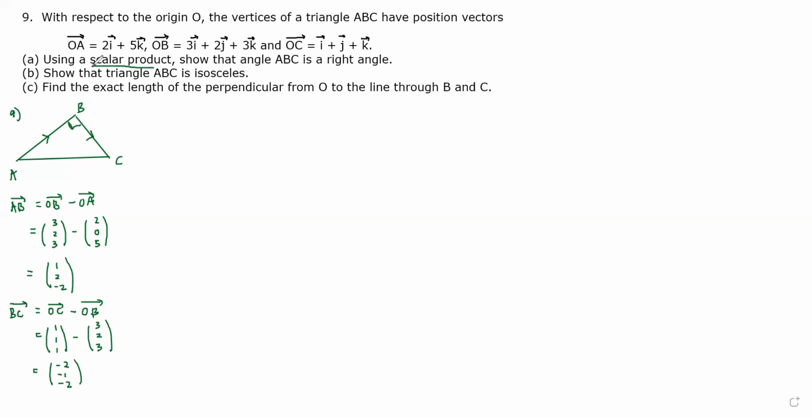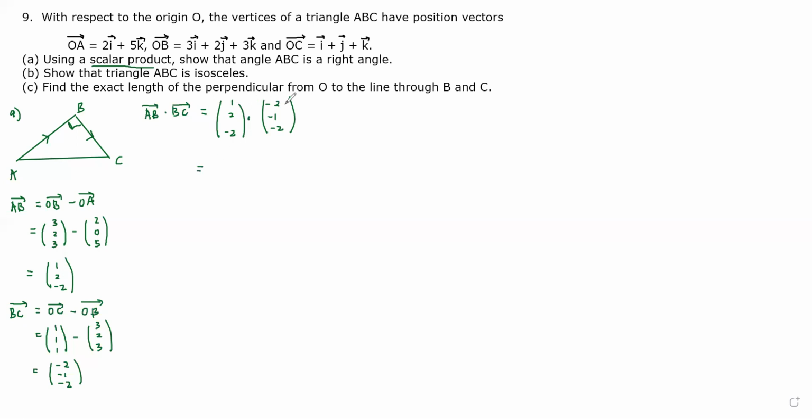Using a scalar product, we need to show that the scalar product of vector AB and vector BC must be 0. Then vector AB is perpendicular to vector BC. We have the scalar product of 1, 2, negative 2, and negative 2, negative 1, and negative 2. We multiply the components of I, components of J, components of K, and add.